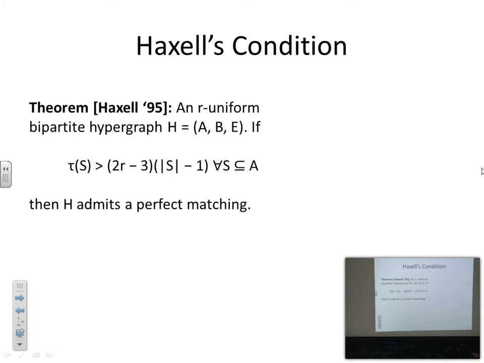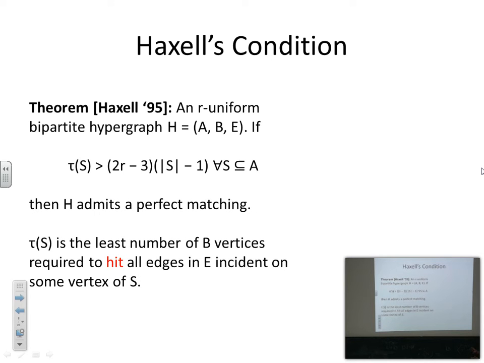So what is Haxell's condition? It's a theorem from '95 by Haxell, which states the following. If for every subset of vertices in the set of vertices A, this condition is satisfied, then the hypergraph admits a perfect matching. So what is this condition?